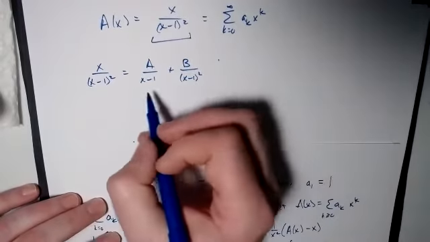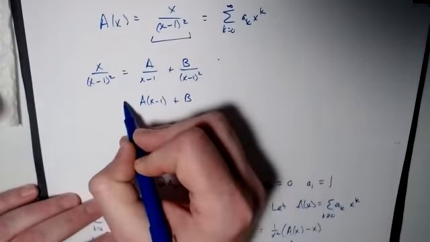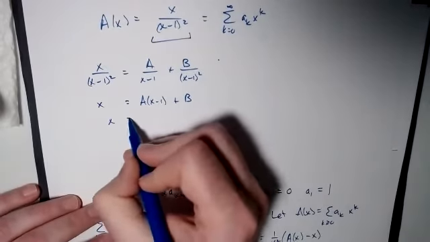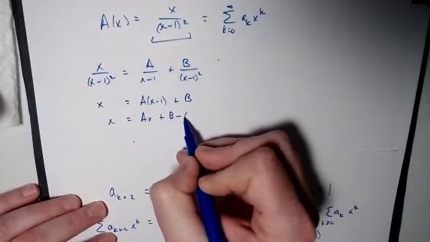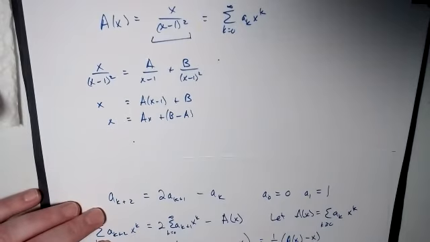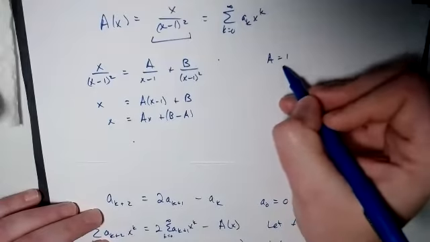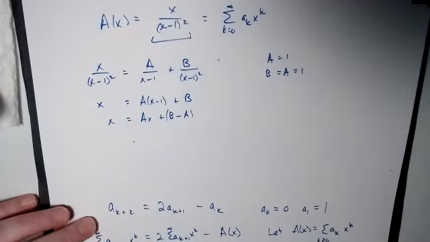From that, we get a times x minus 1 plus b equals x. So x equals ax plus b minus a. As a system, that is a equals 1 and b equals a equals 1.